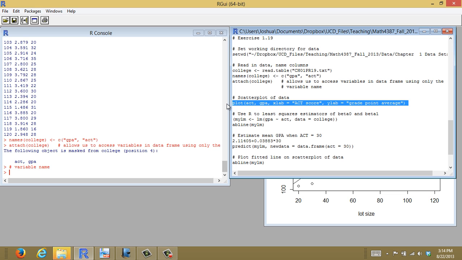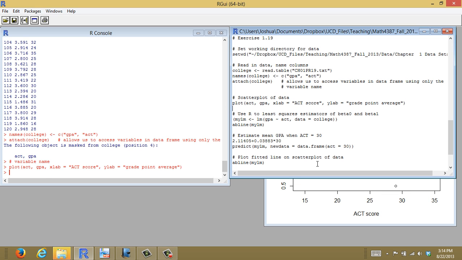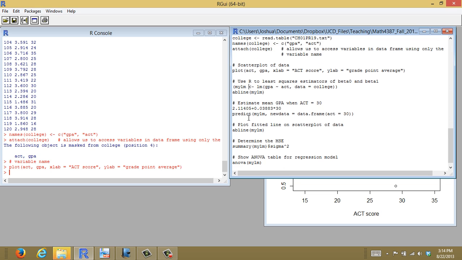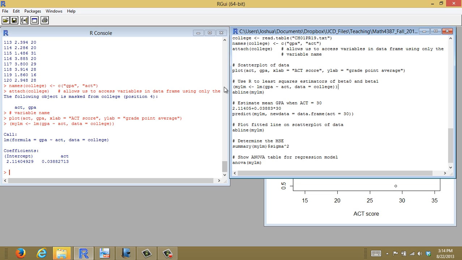The command used to create the plot that I showed in the lecture slides is just this plot function right here. I specify the x variable, I specify the y variable, and then I label the x and y axes. And in order to obtain my least squares estimators of beta 0 and beta 1, I use the lm function, and I'm going to store that object in my lm. The reason I put these parentheses around it is that it will display the result to the screen.